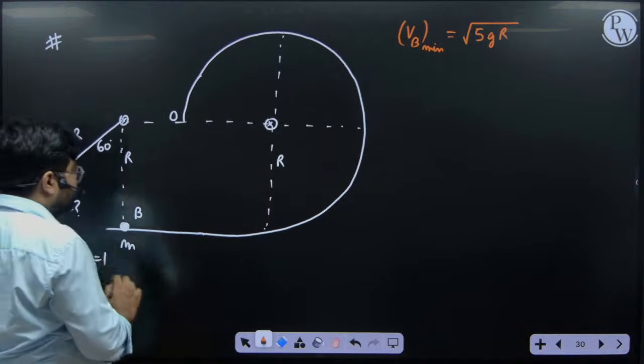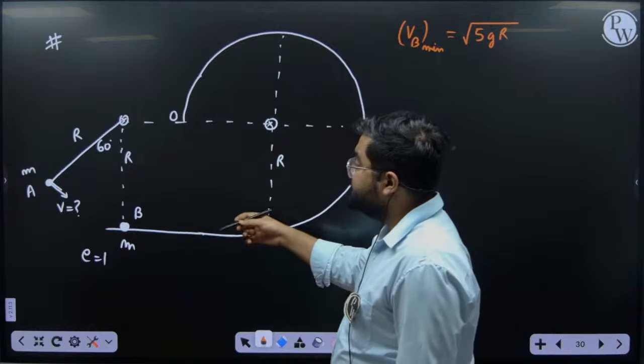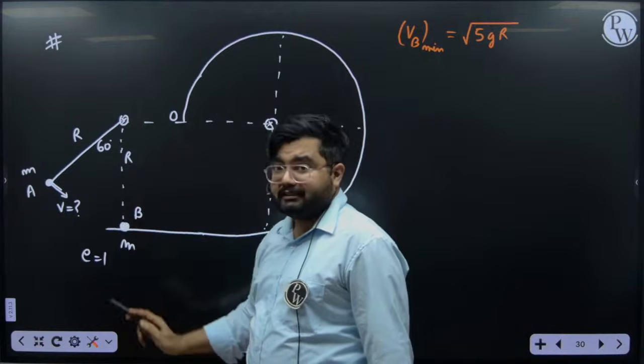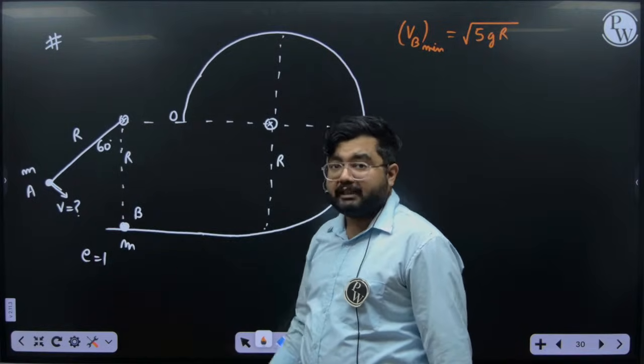Now, since this is an elastic collision between equal masses, the velocities will get interchanged. So the velocity of A will get transferred to B, basically.